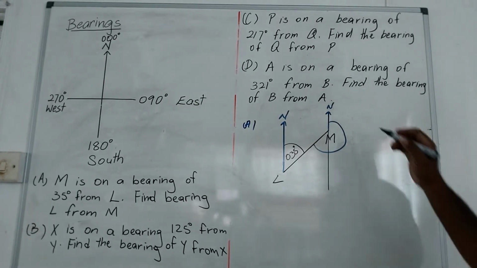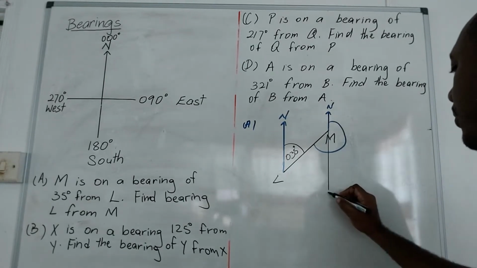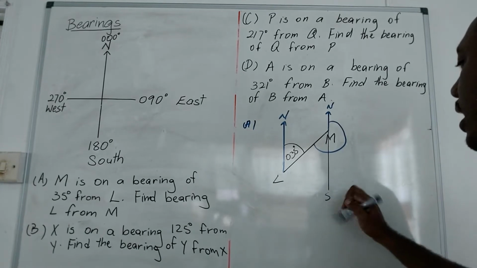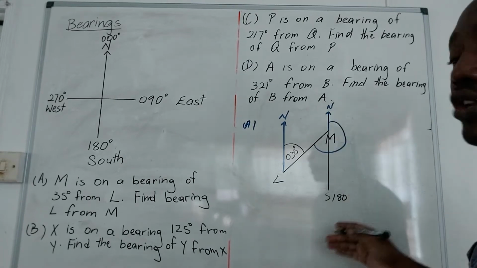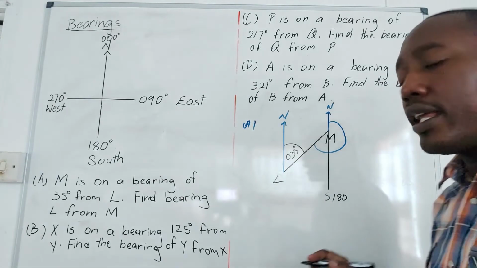First of all, if this line is a straight line, it means here is south, and south is at 180 degrees. Any straight line is equal to 180 degrees.